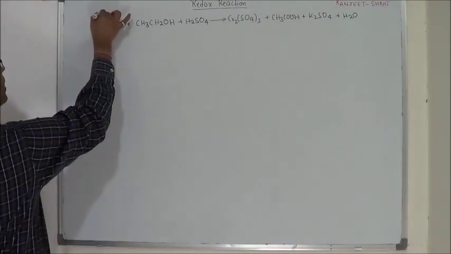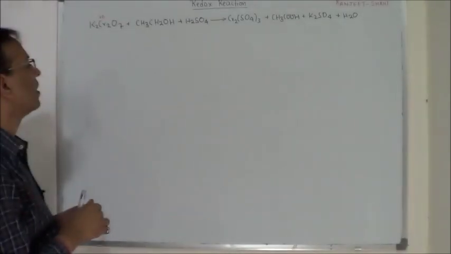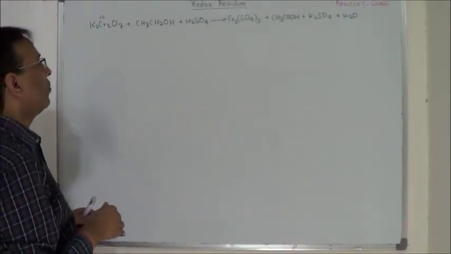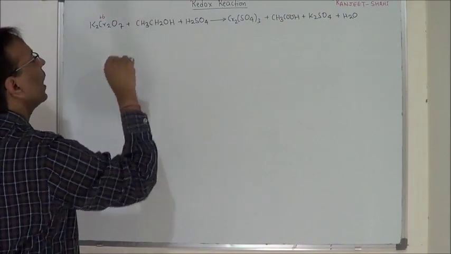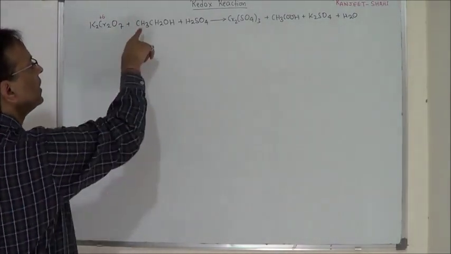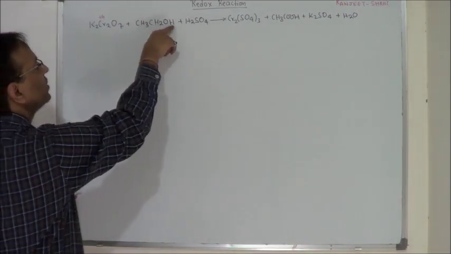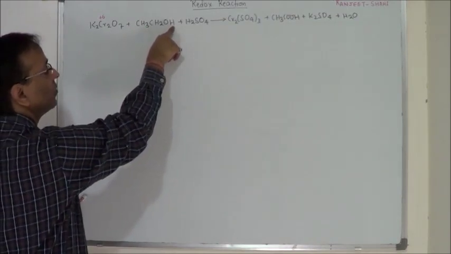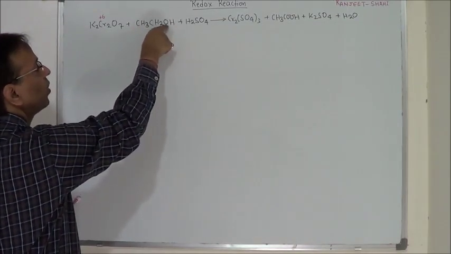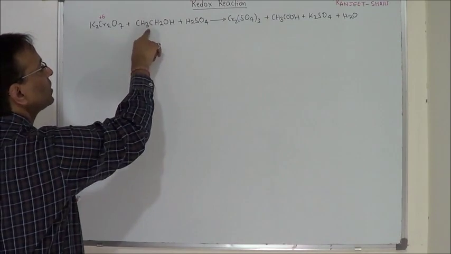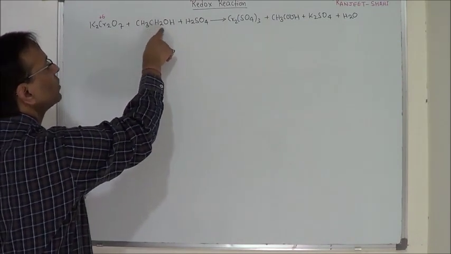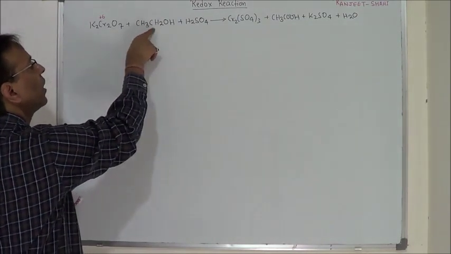As we all know, in this potassium dichromate, chromium is in +6 oxidation state. If we determine the oxidation number of carbon here, we see 3 plus 3, 6 hydrogen, so +6. For 6 hydrogen, +6, 1 oxygen, -2. So +6 -2 is +4, so -4 on 2 carbon.